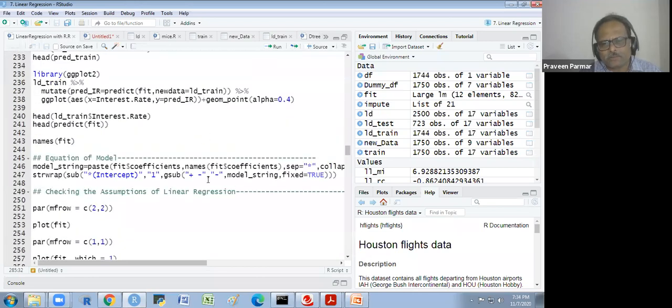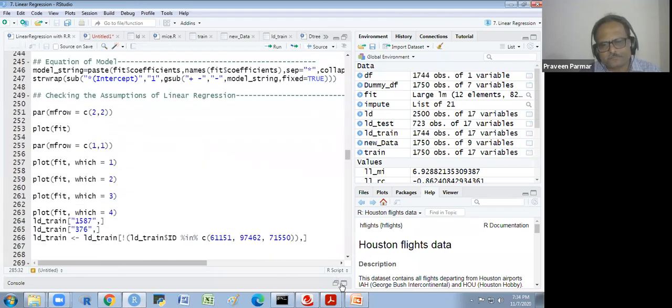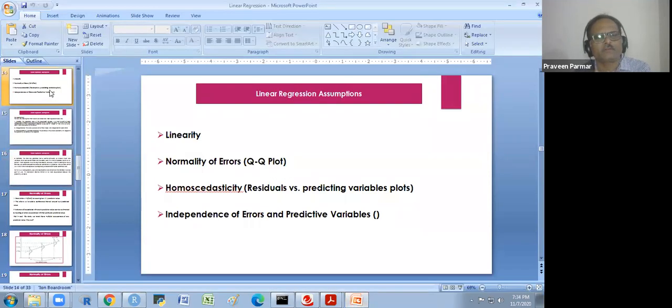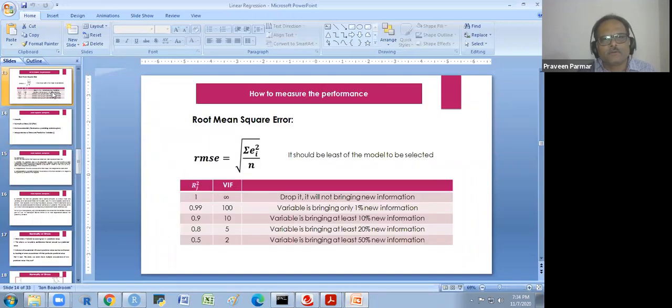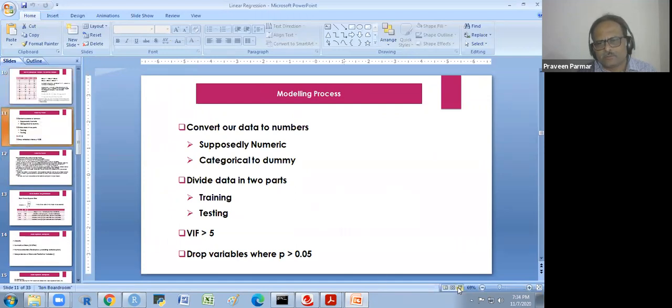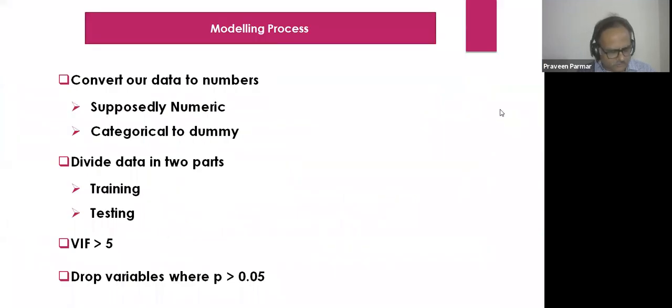Now I will explain something about the few assumptions which I could not explain prior. This thing has been skipped earlier, so I will just explain the remaining slides to you.